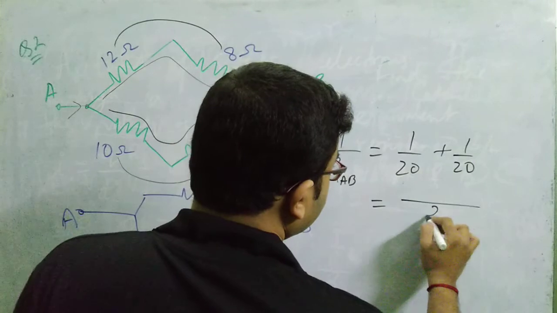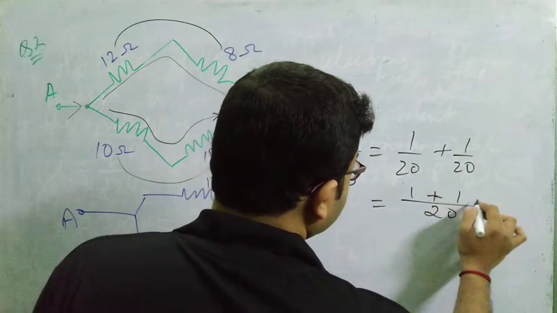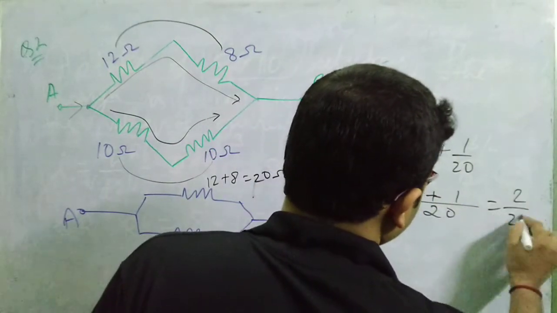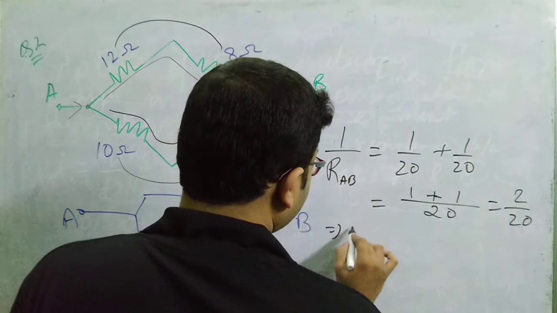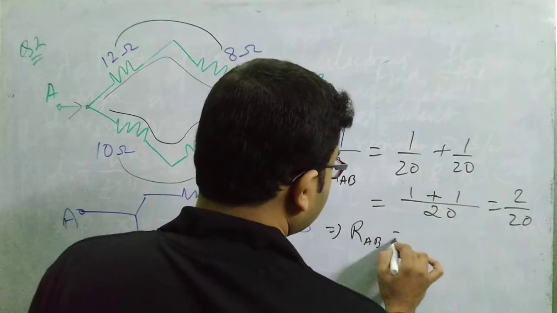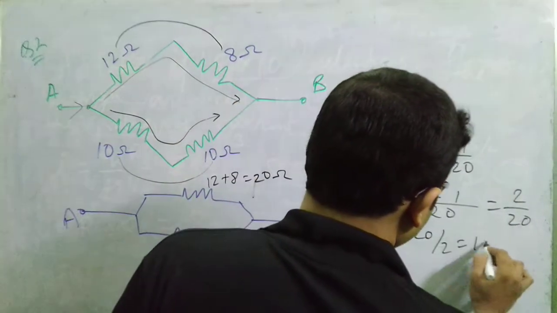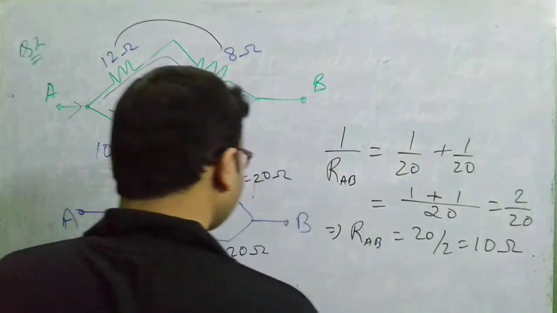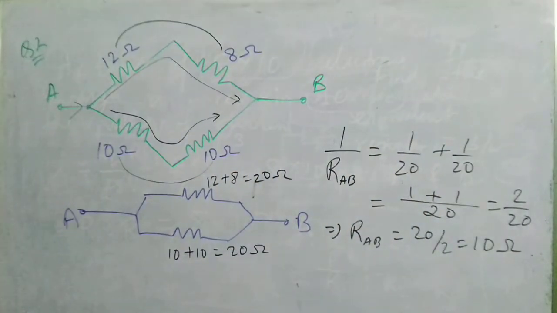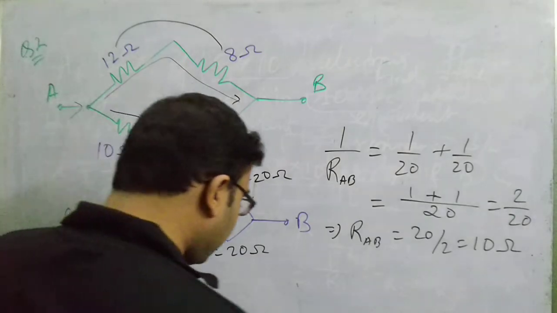The LCM comes out to be 20. 1 plus 1 is 2, so it is 2 by 20. Or I can say that RAB is equal to 20 by 2, that means it's 10 ohm. Okay, so this is the equivalent resistance of the circuit, 10 ohm. Is it clear? Okay, so you could also have solved this another way. See, when there are two resistors in parallel, you can also directly apply one formula.